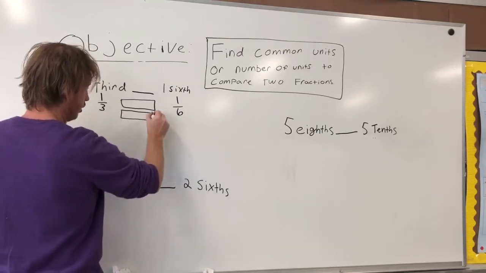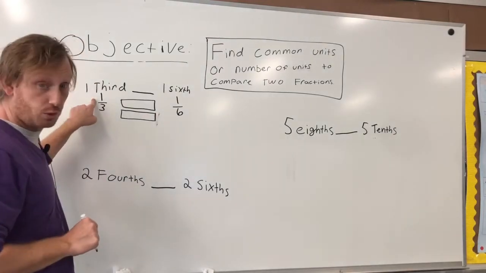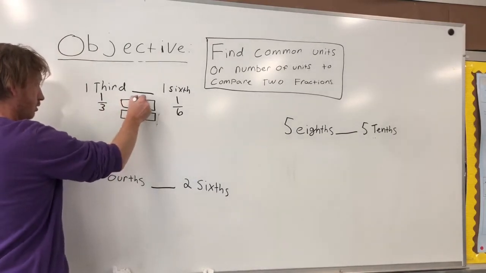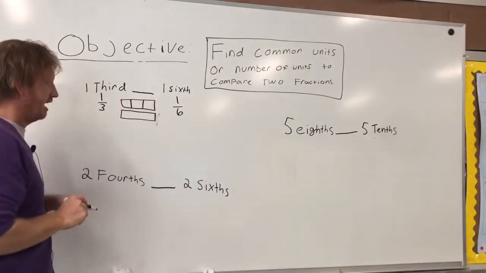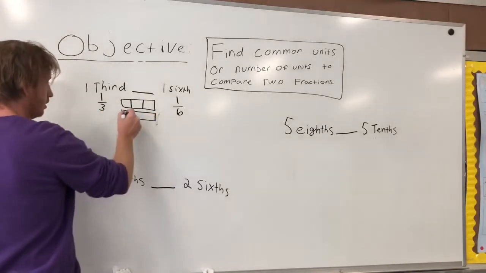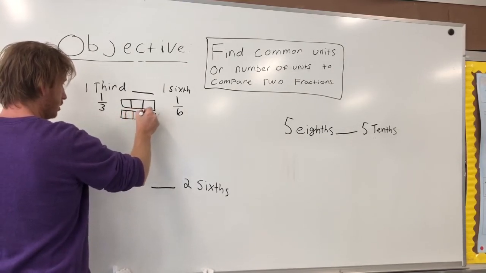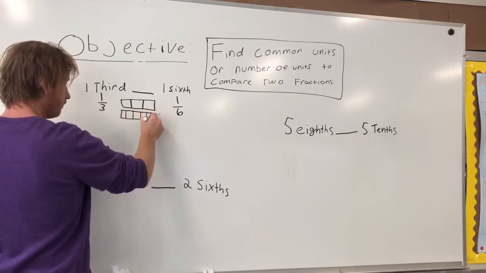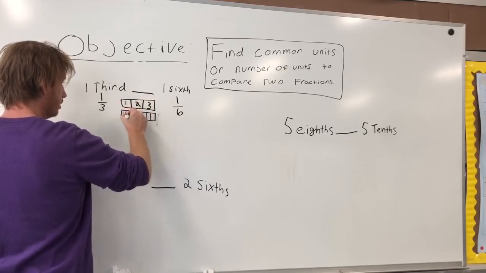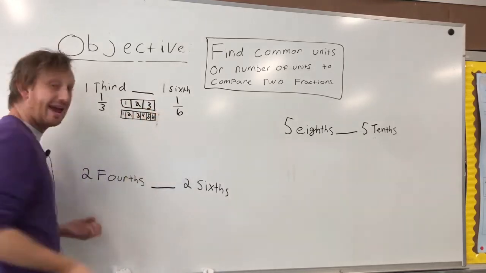So pretty close to being perfectly equivalent rectangles. On the first one, I'll break into thirds. And on the second one, I'm going to break them into sixths. And then I'll label. And compare.